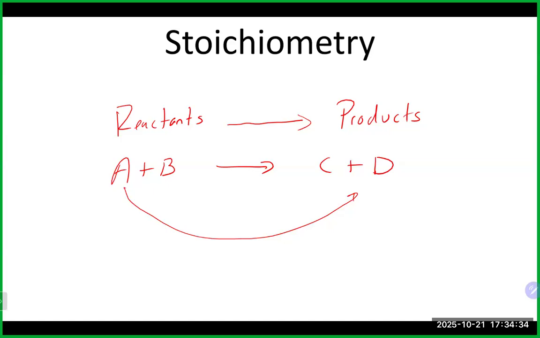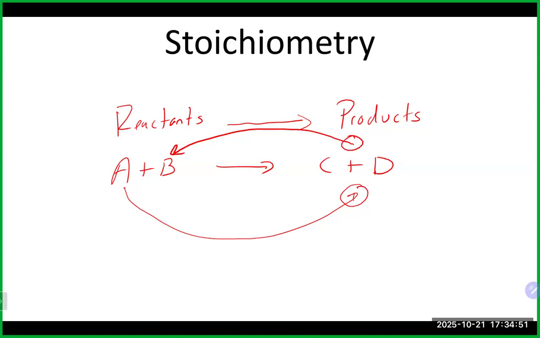But really, stoichiometry allows you to relate everybody in that equation to each other. So we can definitely figure out something on the product side if we know something about the reactant side. We could definitely figure out something on the reactant side if we know how much product we produce.